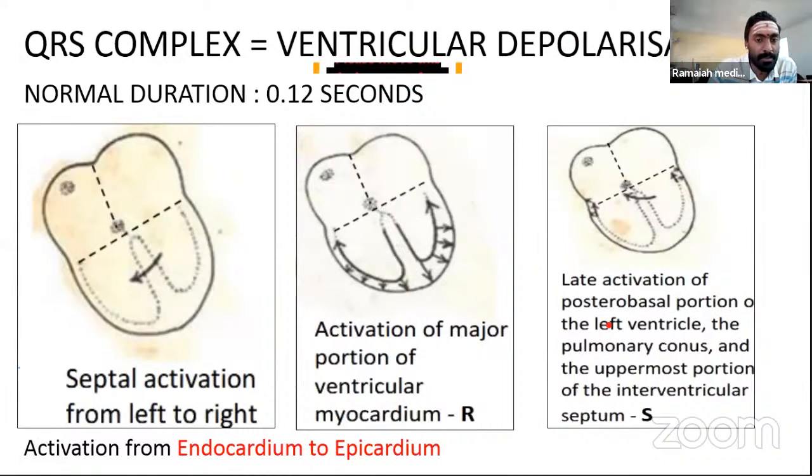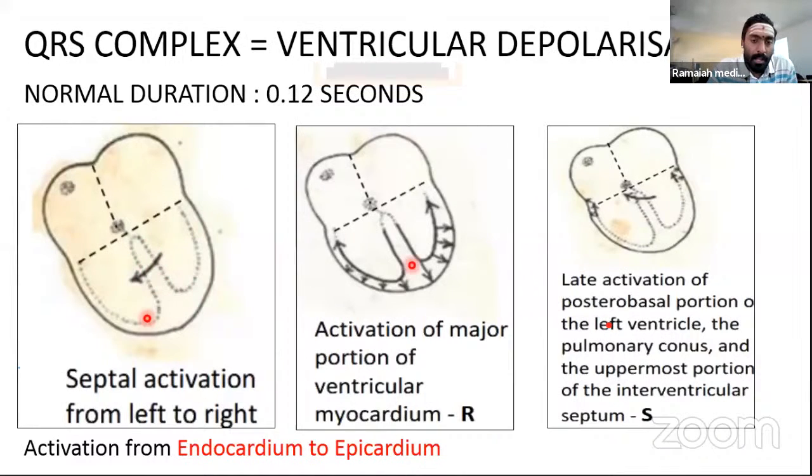The lateral leads will show a negative deflection, correct. Very good. So it is normal to find a normal Q wave in the lateral leads 1, AVL, V5 and V6.